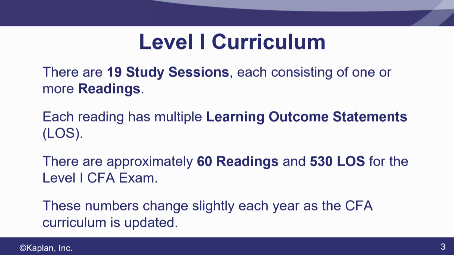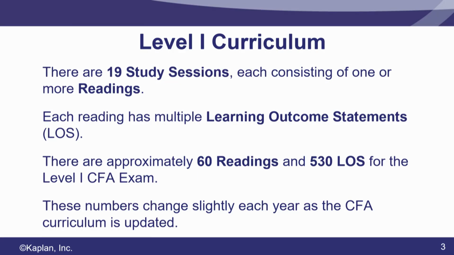So, let's get a look at the challenge that you've undertaken. The way the curriculum for Level 1 is broken up, there's 19 study sessions, and each consists of one or more readings. And each reading will have multiple learning outcome statements. We call them LOS.